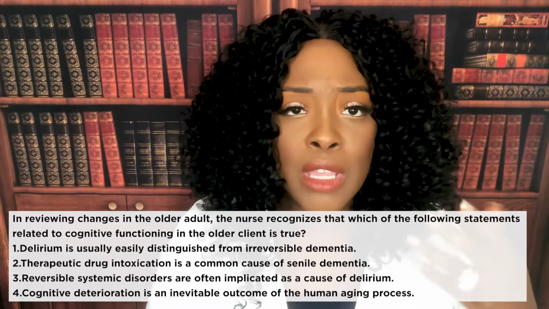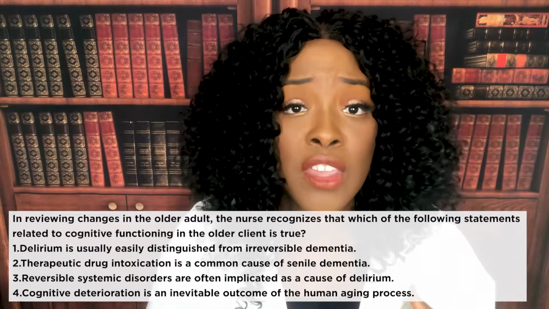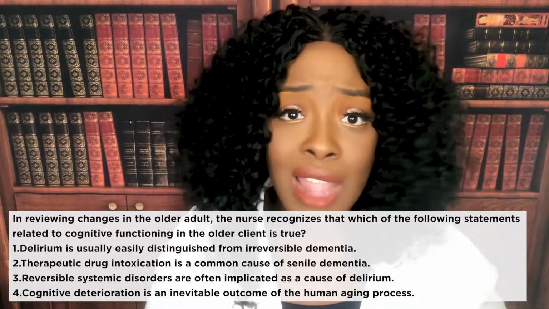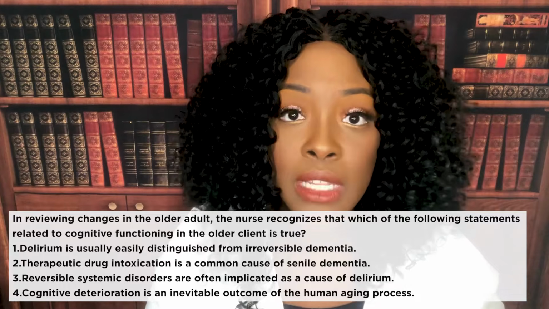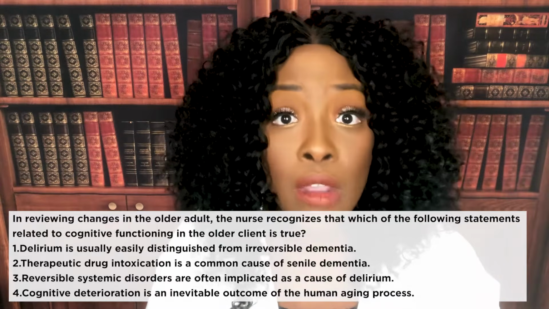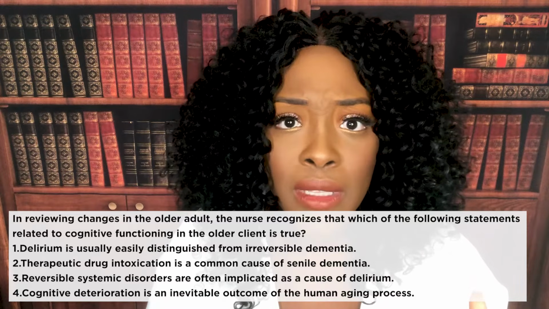So delirium can be caused by an infection. A patient has a urinary tract infection, and all of a sudden they think that you're their great-grandmother. But as soon as you clear up that infection, they're not confused anymore. That's delirium. A second thing to know about delirium: it has a quick onset. It happens very, very quickly.